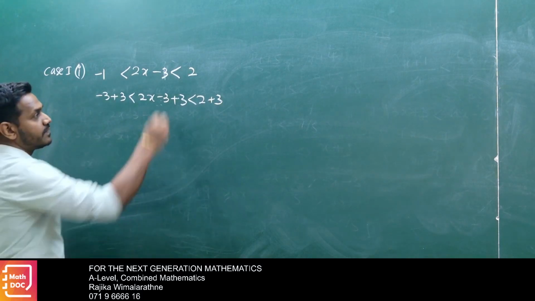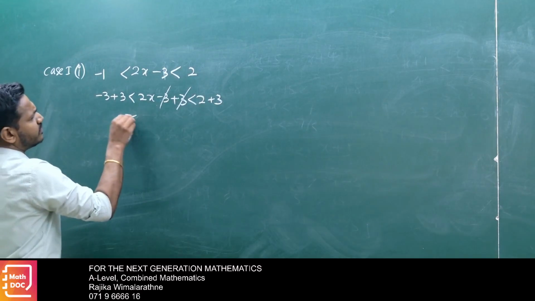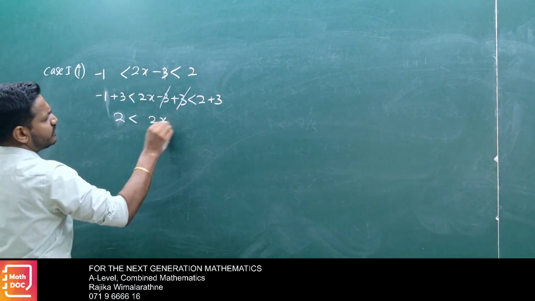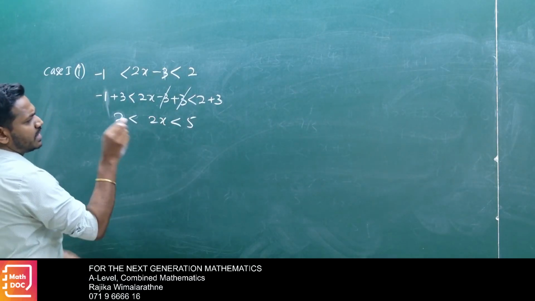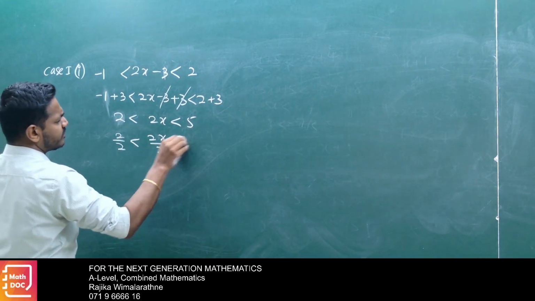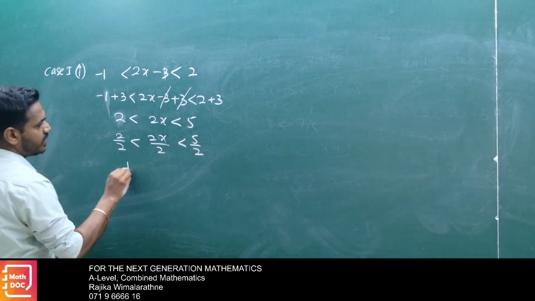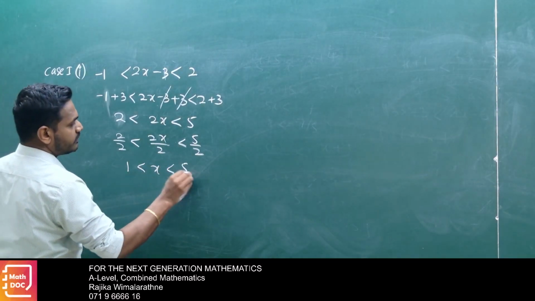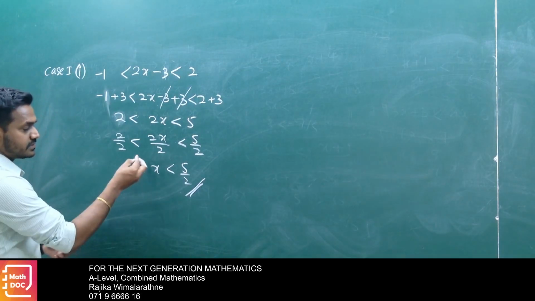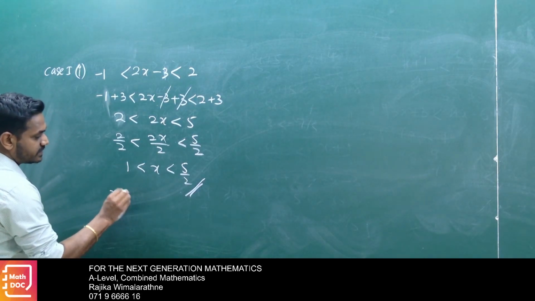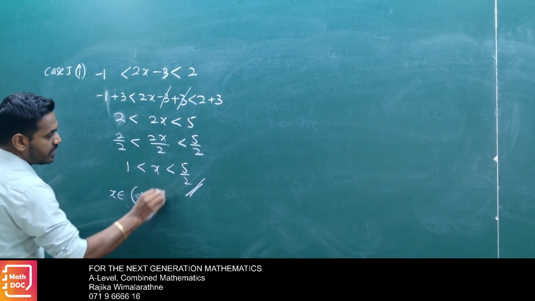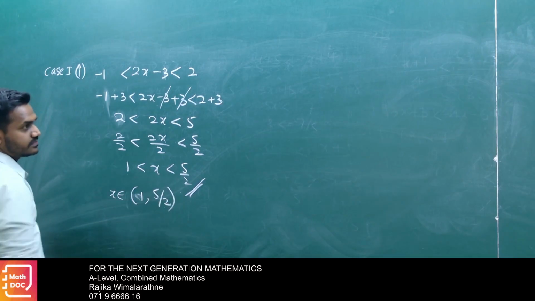Simplify: 2, 2x, 5. Now divide by 2: 1, x, 5 divided by 2. Here is the solution. So the final answer, you better write x is an element of the real set, or otherwise x from minimum 1 to the higher value 5 over 2. Better to write this way.